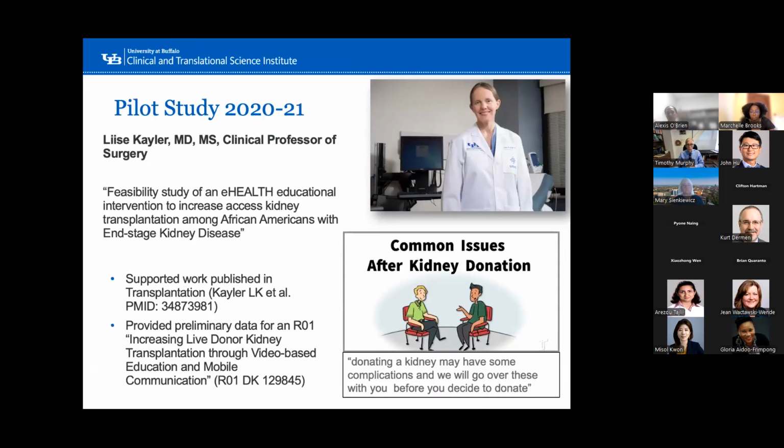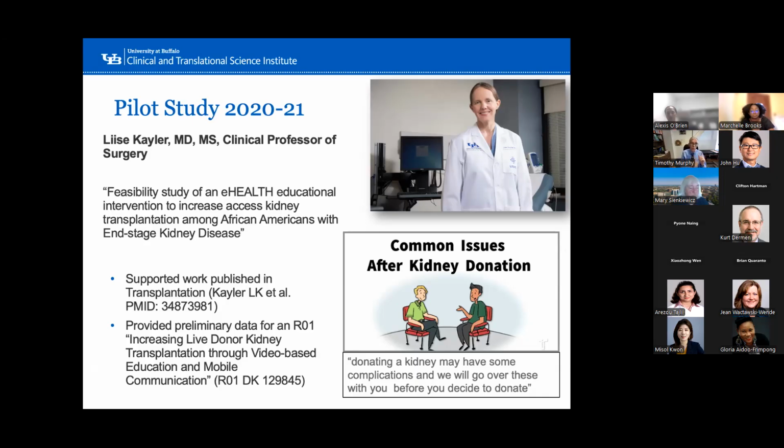So I'm going to tell you about a couple of our pilot studies. As you know, most people know we have a really excellent CTSI pilot studies program where we award $600,000 per year in pilot studies, with the idea being that you do translational research projects and develop preliminary studies to get the bigger grants.